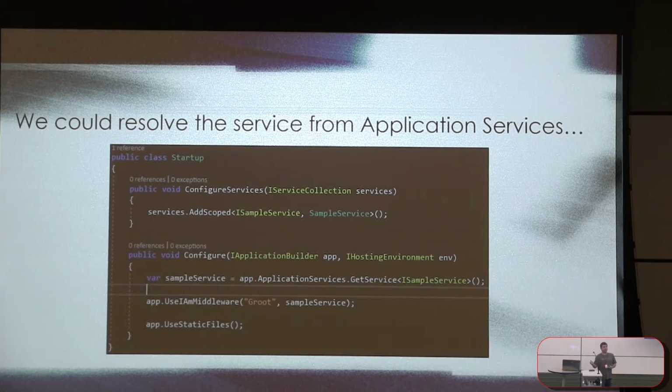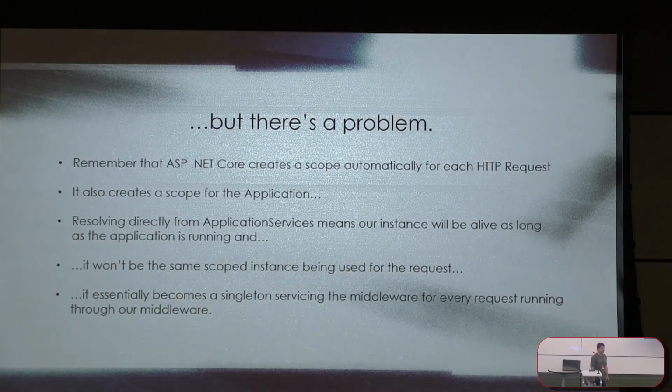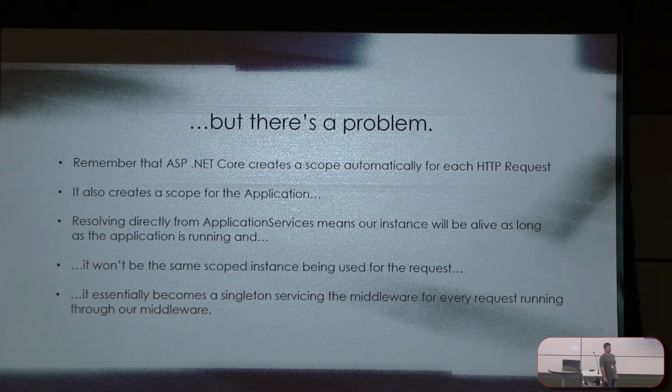And then for each request, it creates a scope. Any service that you resolve off of application services without creating at least a temporary scope is going to hang around for the lifetime of the application. So what happens then is we end up essentially with a singleton that gets used for the life of the application, and it gets passed into each piece of middleware. That might be okay if it's not a stateful piece of code and you don't have to worry about it, but it doesn't allow you to share it with your request.